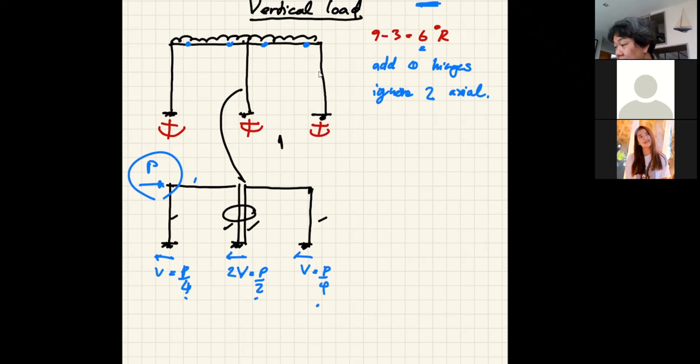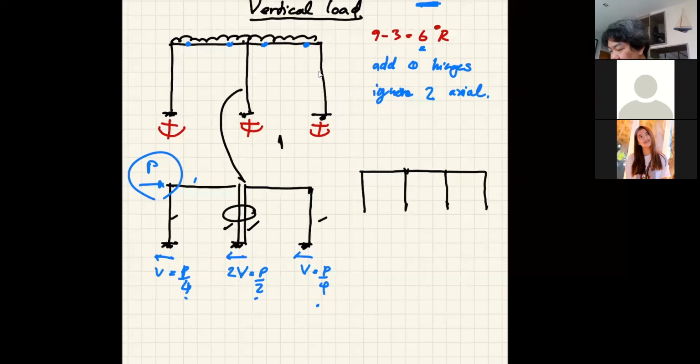So let's say I have now 4 columns. How many do I have? I have 2 exteriors and then 2 interior columns, right?